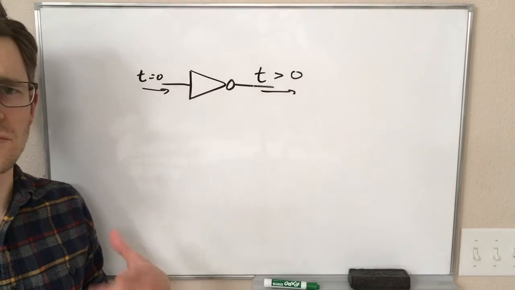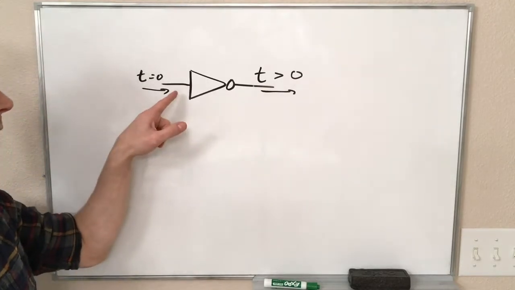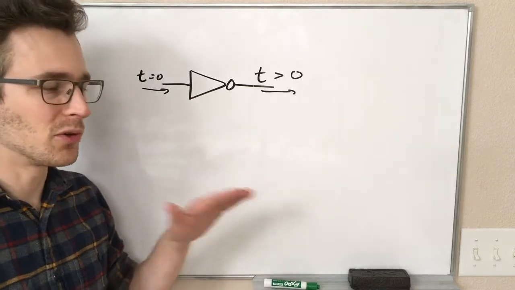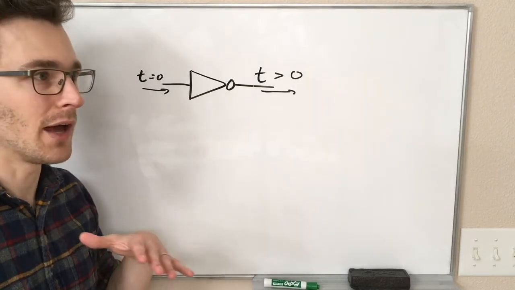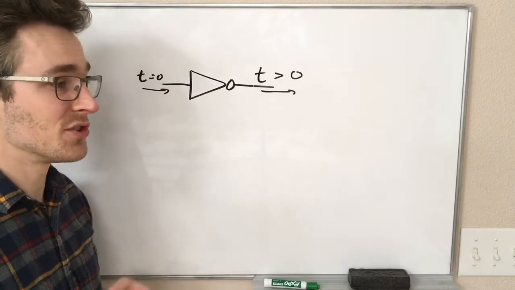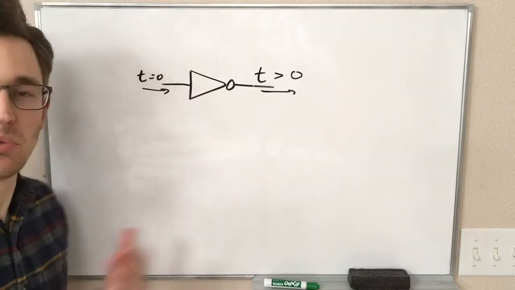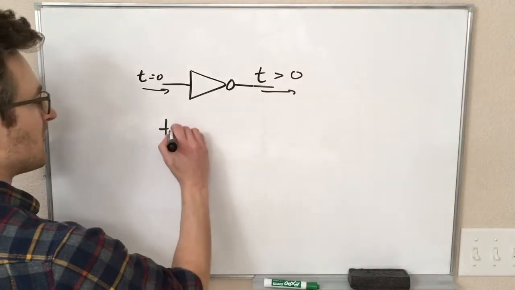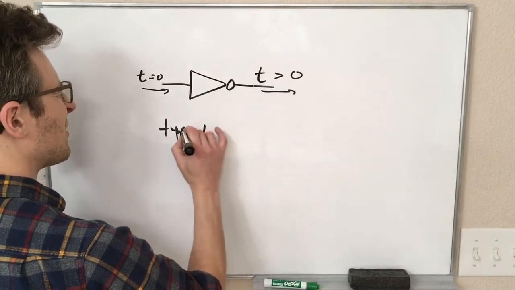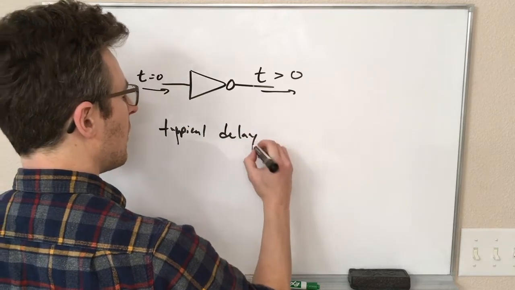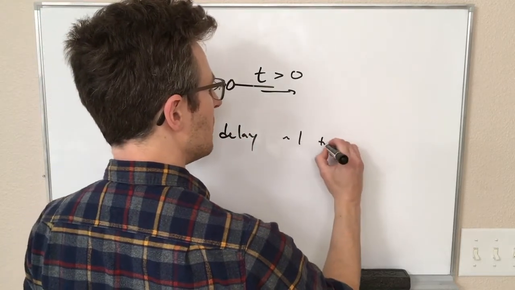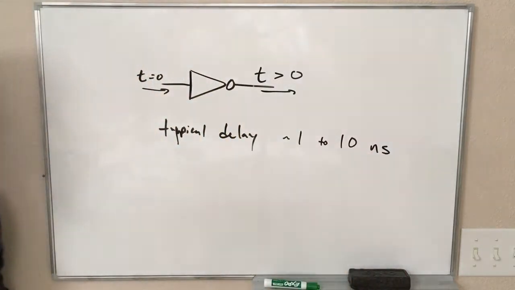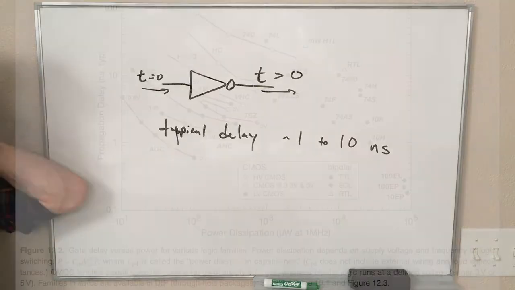It also depends to some degree on how much voltage you're using, as some of these different logic families work at different voltages, and so they're going to give you different behavior at those different voltages. So typical delay values are going to be between 1 to 10 nanoseconds. So that's billionths of a second, so 10 to the minus 9 seconds.